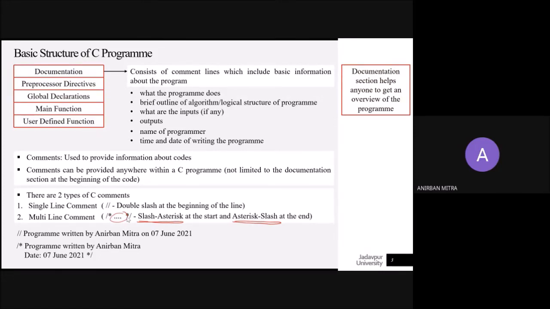Anything that comes between these two is a multi-line comment. These comments, wherever they are, at the beginning of the program in the documentation section or somewhere in the middle, are ignored by the compiler. These are non-executable statements.